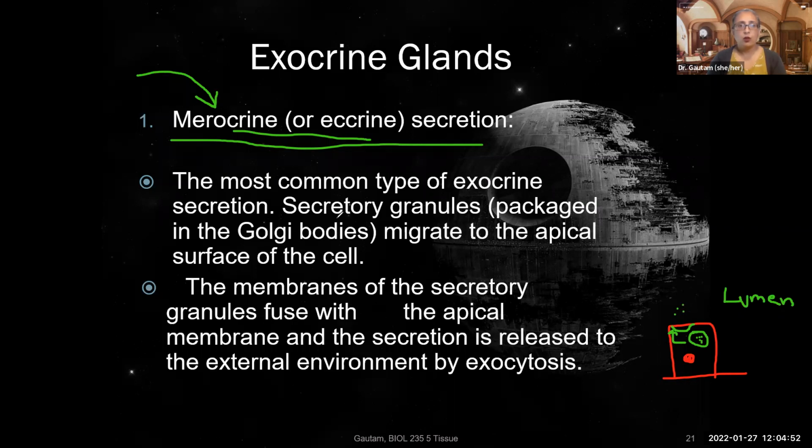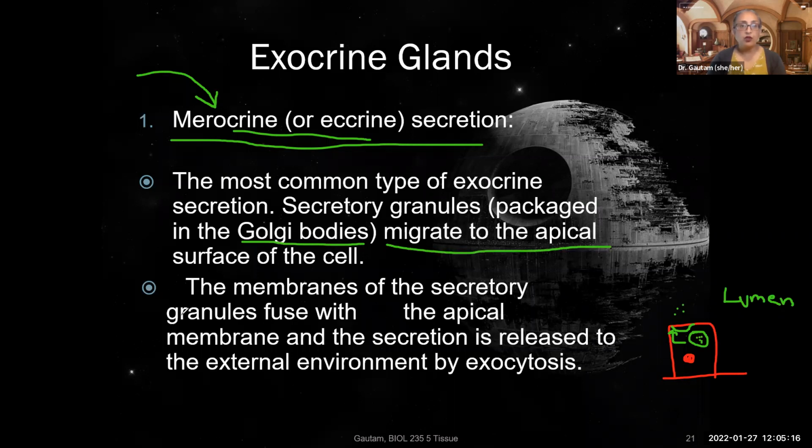Okay, so the secretory granules, which were packaged in the Golgi, remember, go back. If you don't remember right away what Golgi is, this is a good time to stop and either write yourself a note, or go look up Golgi right now and then come back and continue. These are packaged in Golgi bodies, and the vesicles migrate to the apical surface of the cells.